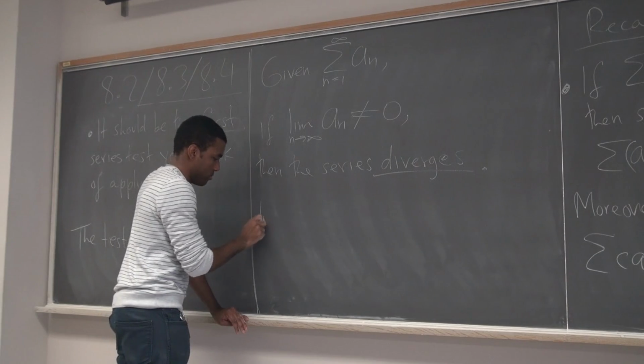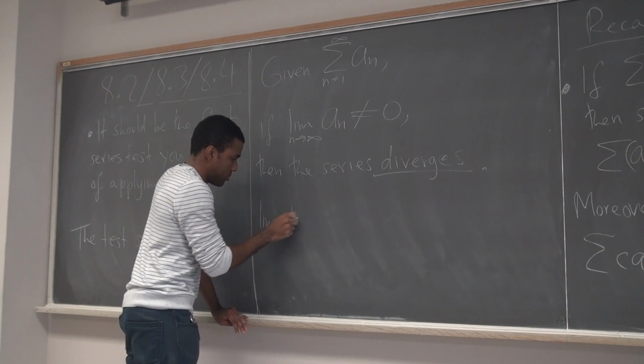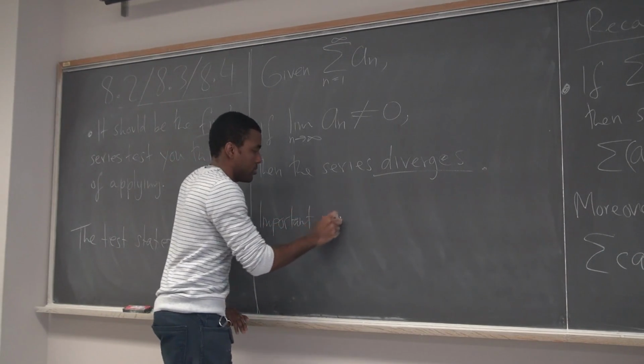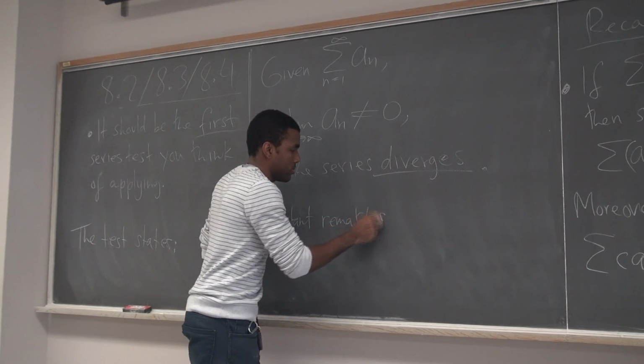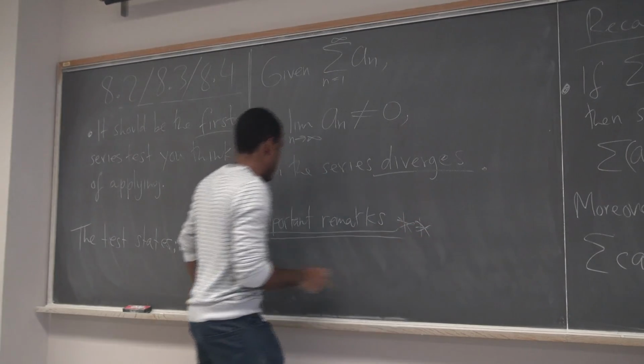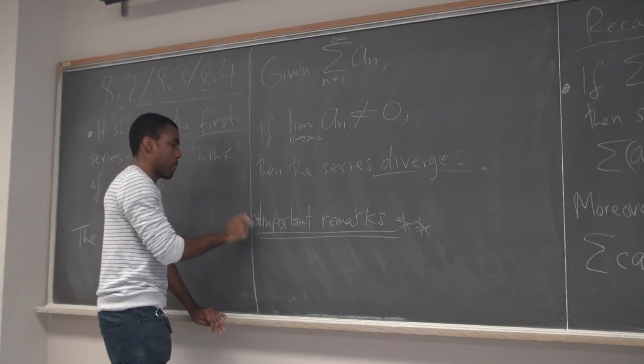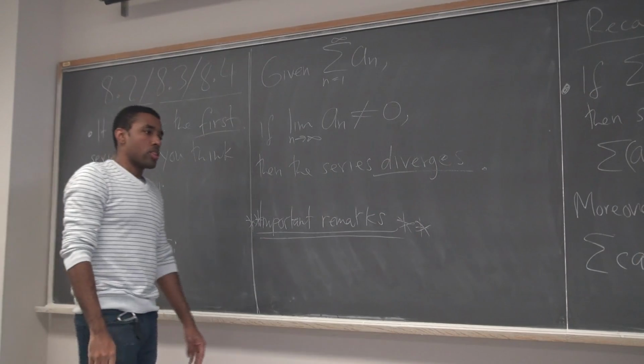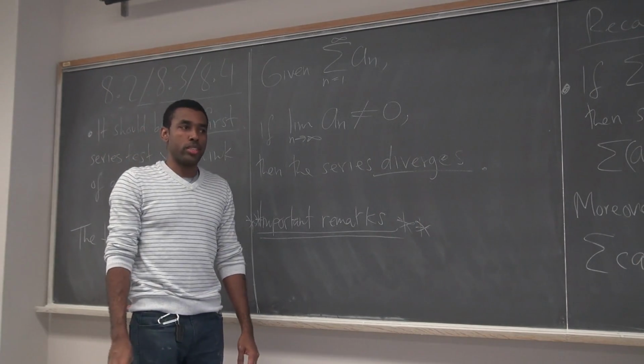Important remarks. Very, very important remarks. Something you need to know about this test. Do not mix it up. Very important. It's called the test for divergence for a reason.